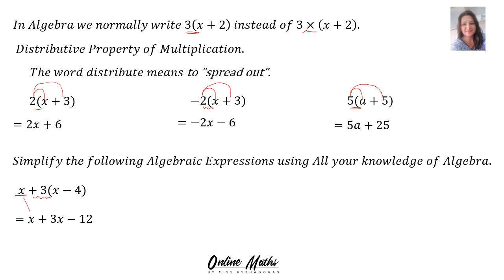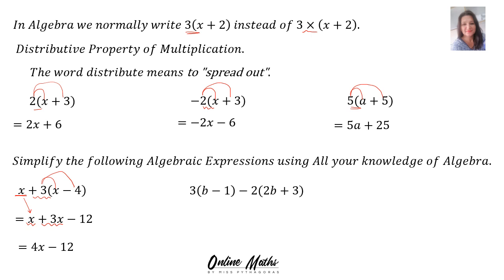So this x is that x, and now we say plus 3 times x is plus 3x. Plus 3 times negative 4 is negative 12. And we can take it further. We find like terms. X plus 3x is 4x, and the minus 12, the constant, writes with.